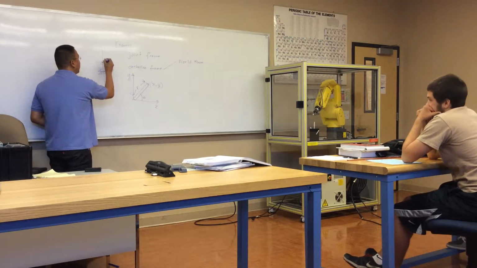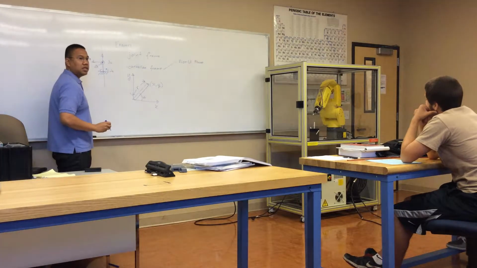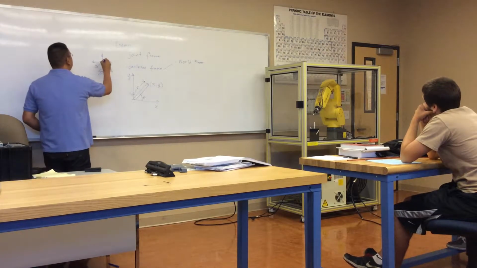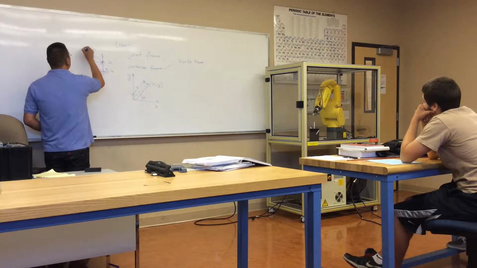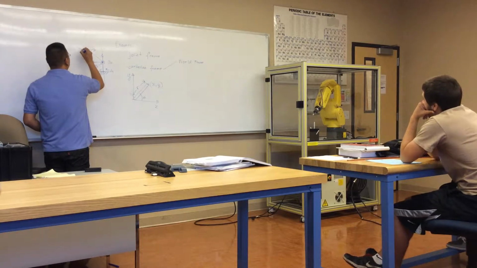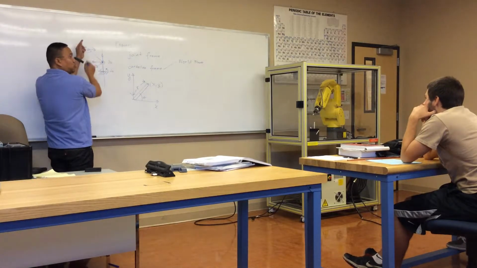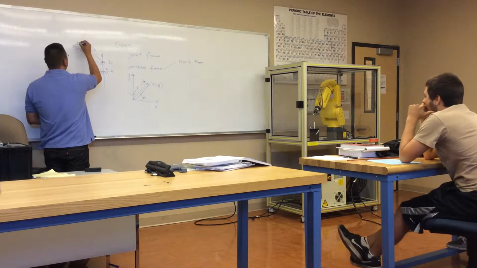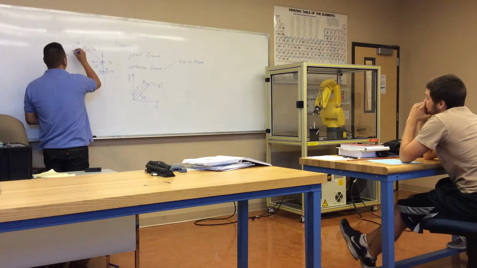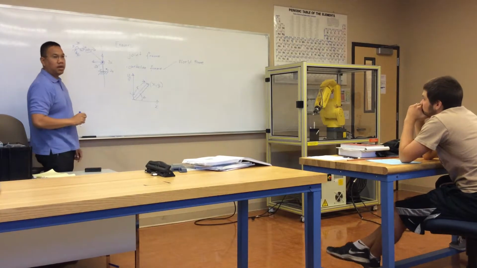So this is where your world is based. Then you have joint 3, joint 4 moves this way, then joint 5, and then joint 6.